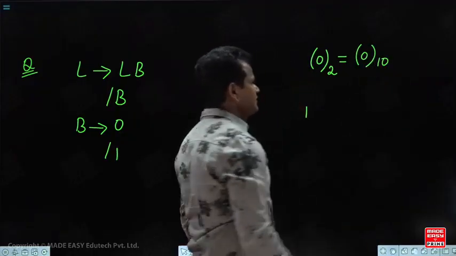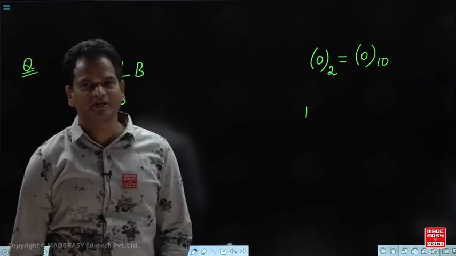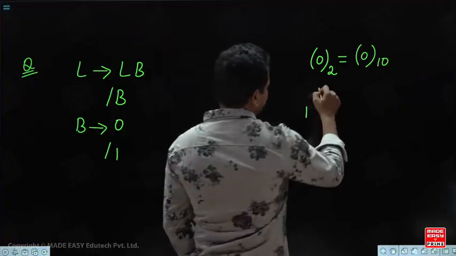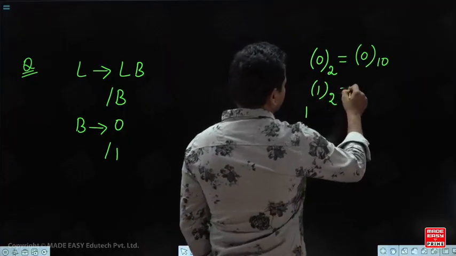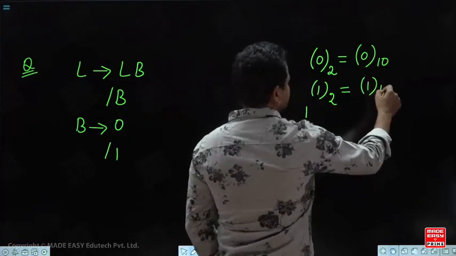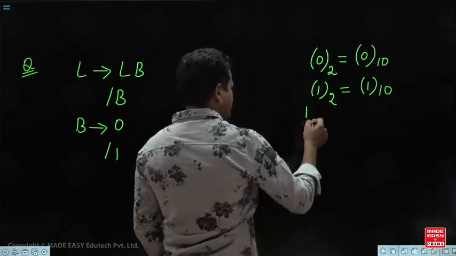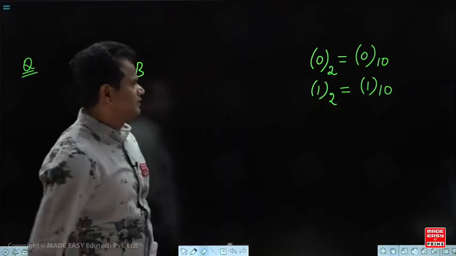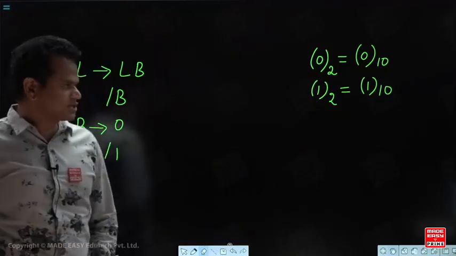In decimal also, binary 0 is equal to 0. Similarly, the binary value of 1 in decimal is the same. So binary 0 is 0, binary 1 is 1 in decimal representation.